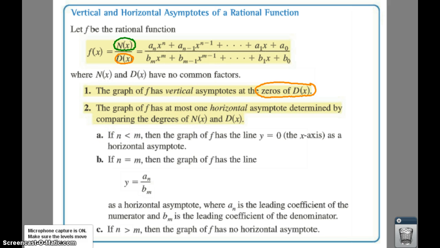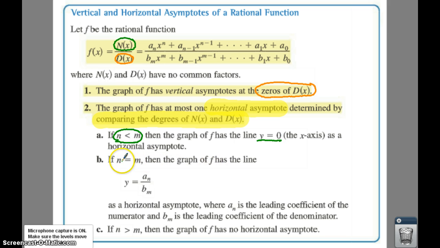Now, in order to find your horizontal asymptotes, these are determined by comparing the degrees of n of x and d of x. So you have three different possibilities here. If n is less than m, then you have the asymptote of y equals 0.